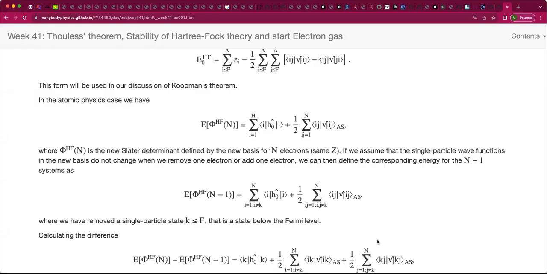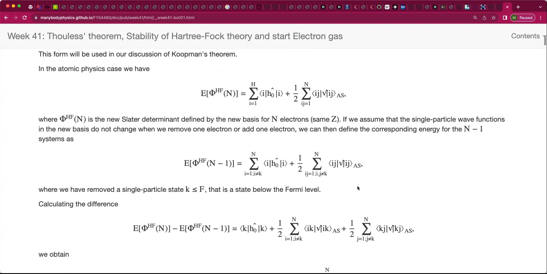Okay, so let's go back to the slides, because I just wanted to go through the slides. What we have then is that we can simply set this up. We take away an electron in a state K, so we simply make the summation without electron K in both sums.